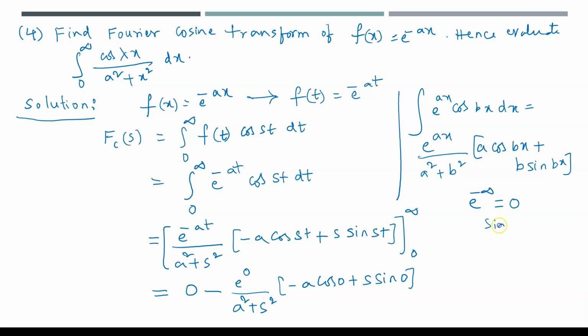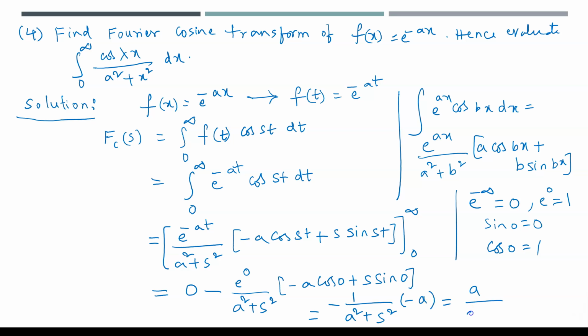The value of sin 0 is 0, the value of cos 0 is 1, and e power 0 is also 1. So we get minus 1 by a square plus s square into minus a, which is equal to a by s square plus a square. So a by s square plus a square is the Fourier cosine transform: Fc of s equal to a by s square plus a square.